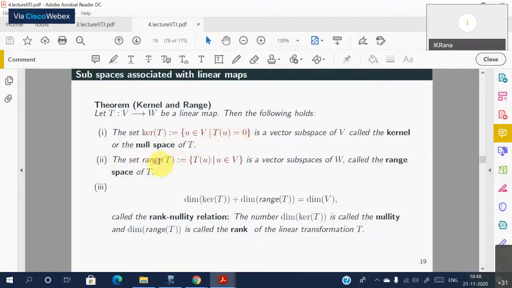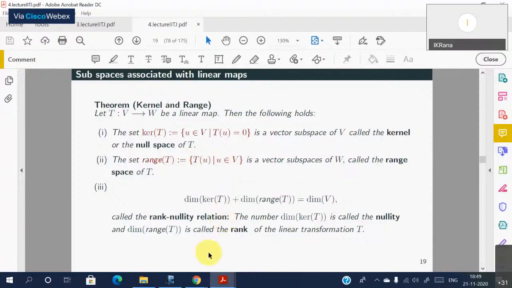And the range of this map is a subset of W, and it is again a subspace. That is the range space. The dimension of the kernel, called the null space, is called the nullity, and the dimension of the range space is called the rank of the transformation. Why the same names are being used, I will explain soon.